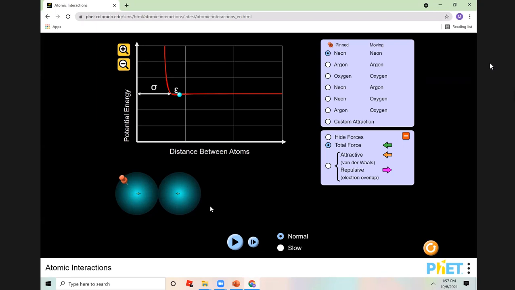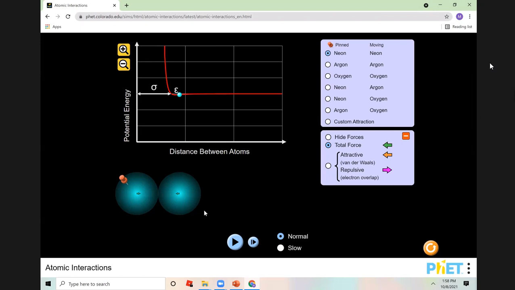So at room temperature, for example, the thermal energy is too low compared to this potential.